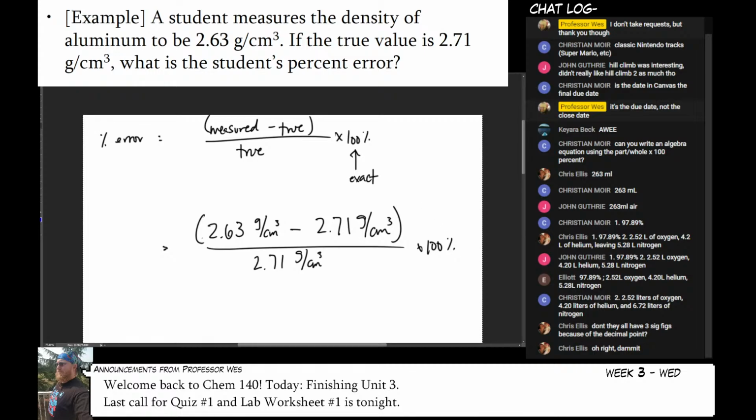All right. What's 2.63 minus 2.71? Well, if I subtract them like this, I'm going to get a negative answer. 11 minus 3 is 8, and then I get 0, 0. So I now have one significant figure in my result for this top part.